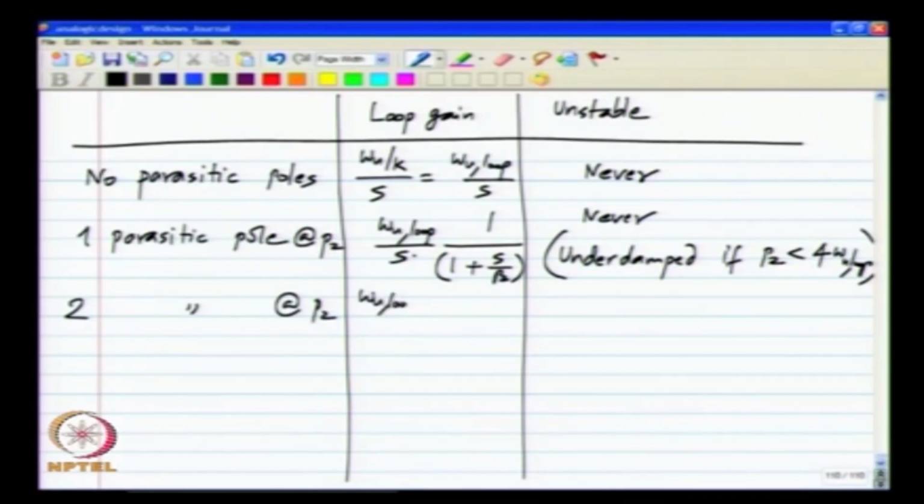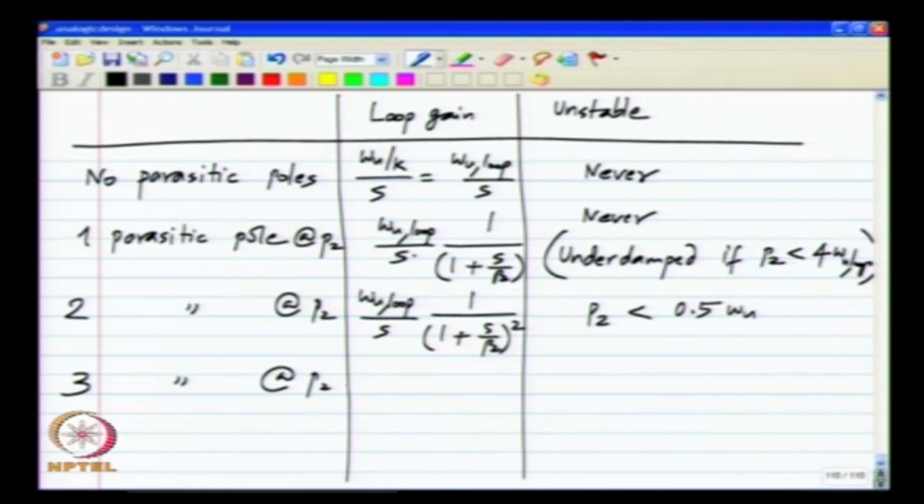In this case the loop gain function is this, and you can calculate when it becomes unstable, and it becomes unstable for P2 less than 0.5 omega u, and you can do it for 3 parasitic poles at P2 and this is the function, and this becomes unstable for P2 less than 1.16 omega u.